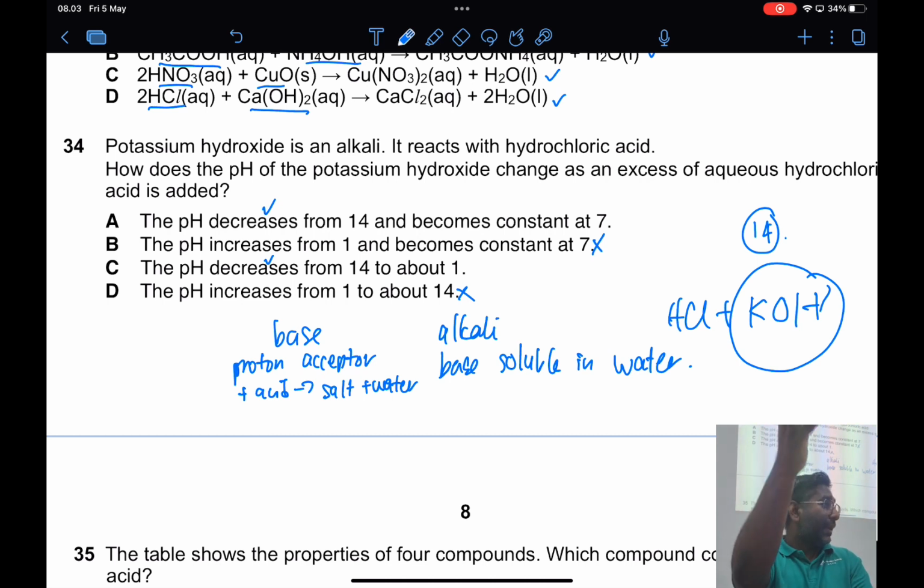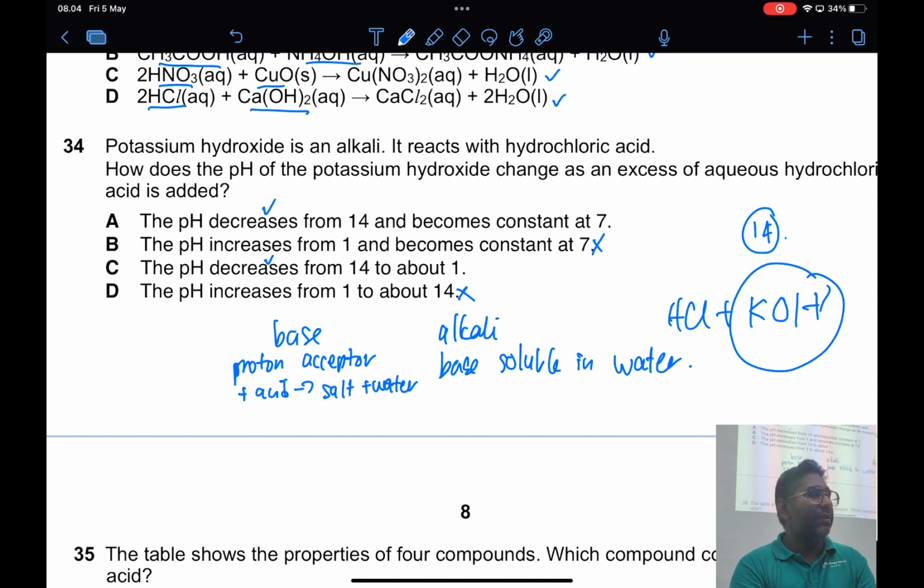You keep on adding. Of course the pH will decrease up to 7, for example. Then will it actually stay at 7 or continue to decrease? Staying at 7 is a common misconception.